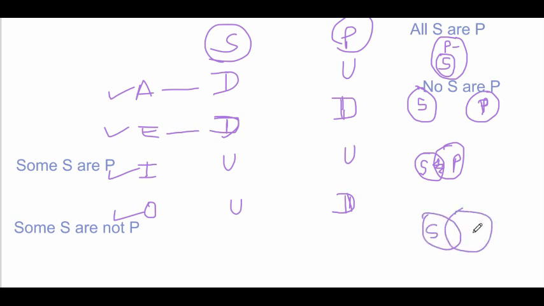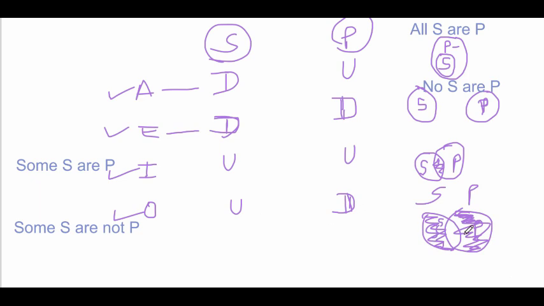So this is S, this is P. But now, because it says some S are not P, they are talking about this part. Some S are not P, this part. This is S and this is P. Similarly, some part of the P is also not in S. So the middle part has been left out. The one that is common to both has been left out.